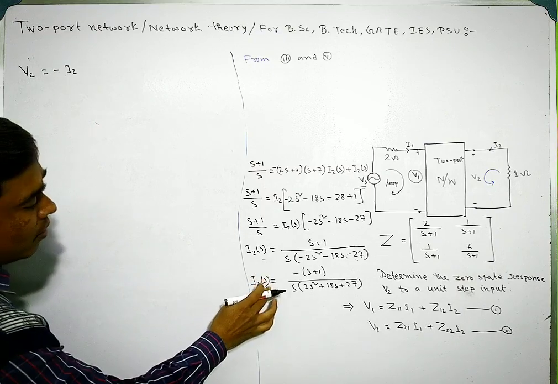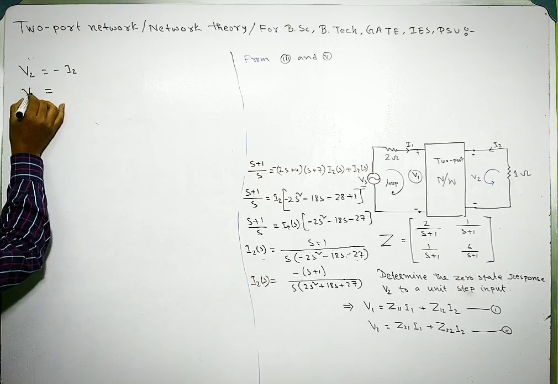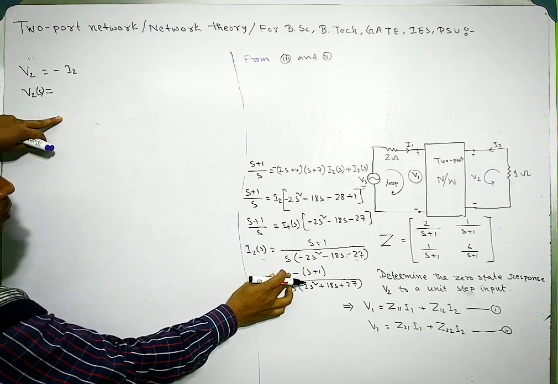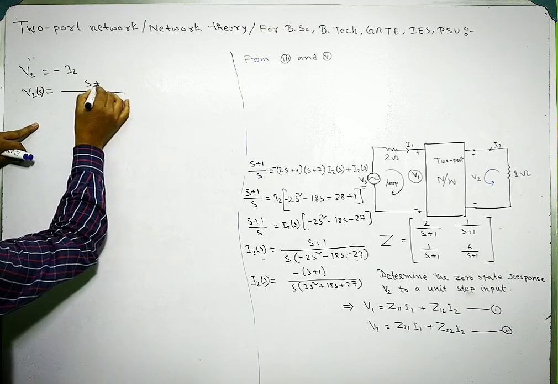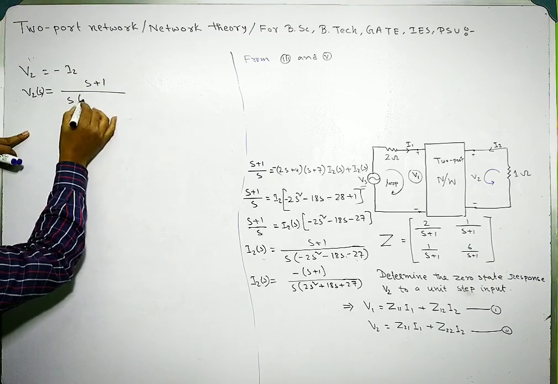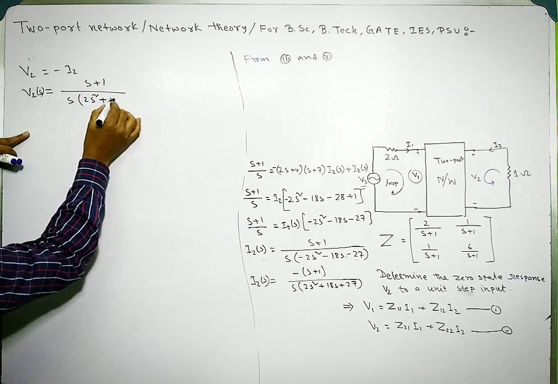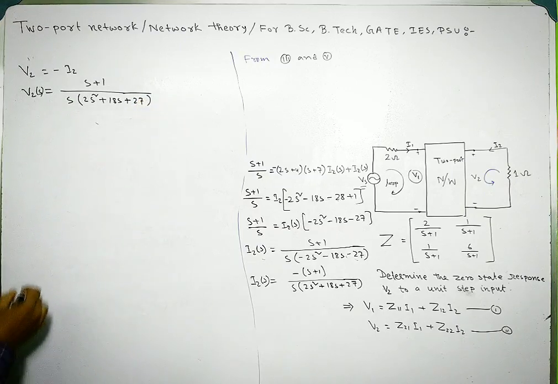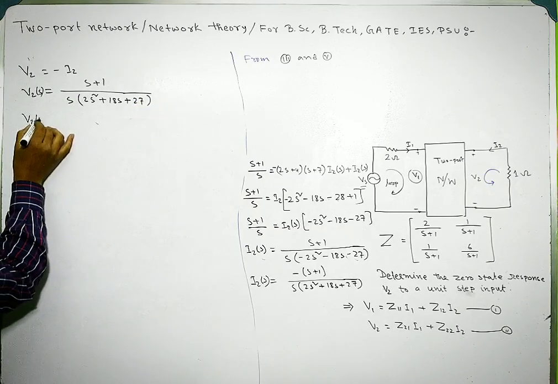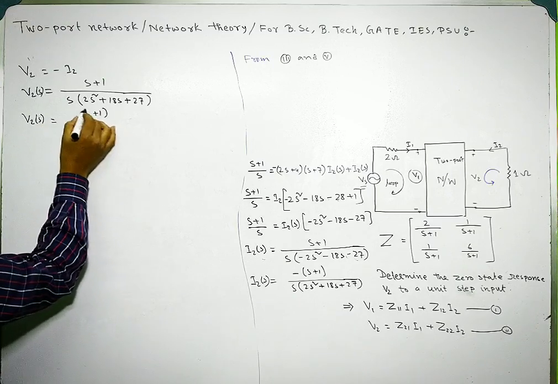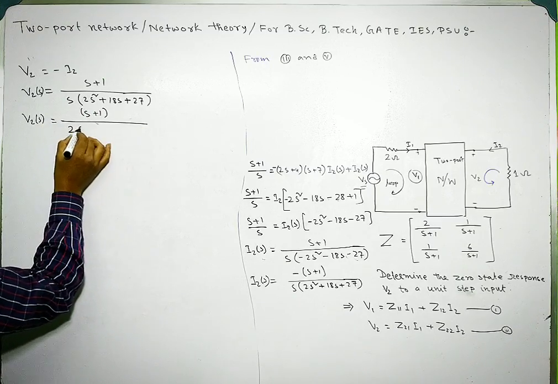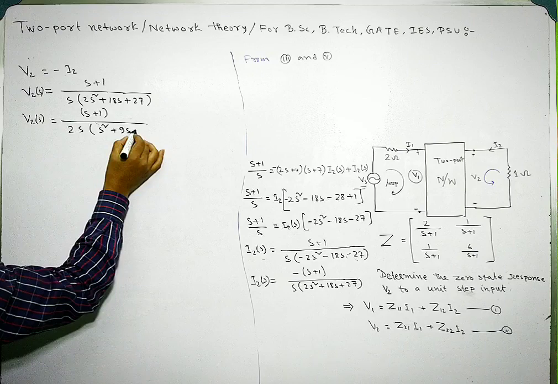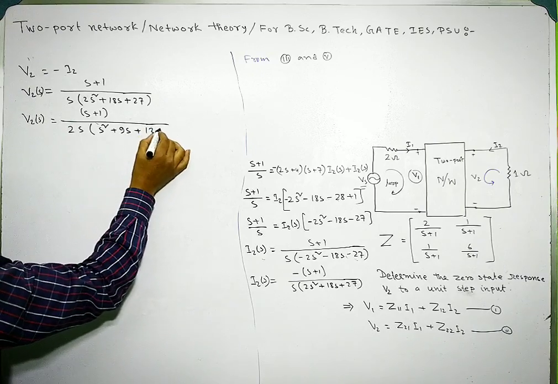So V2(s) is given by, minus minus will be plus, (s plus 1) divided by s into (2s square plus 18s plus 27). You can write this as (s plus 1) divided by 2s into (s square plus 9s plus 13.5).